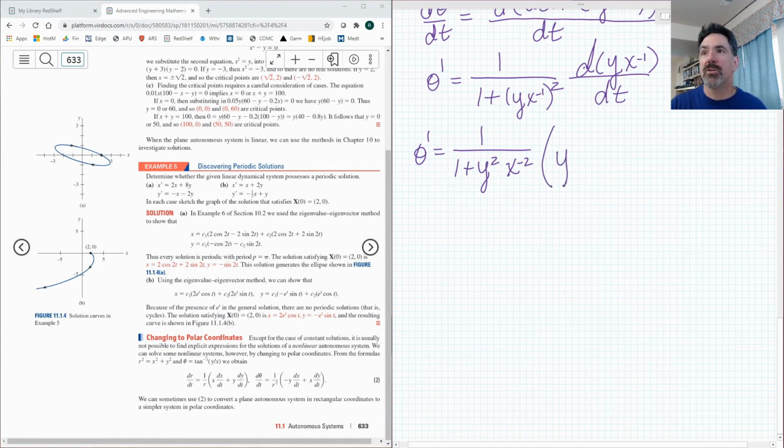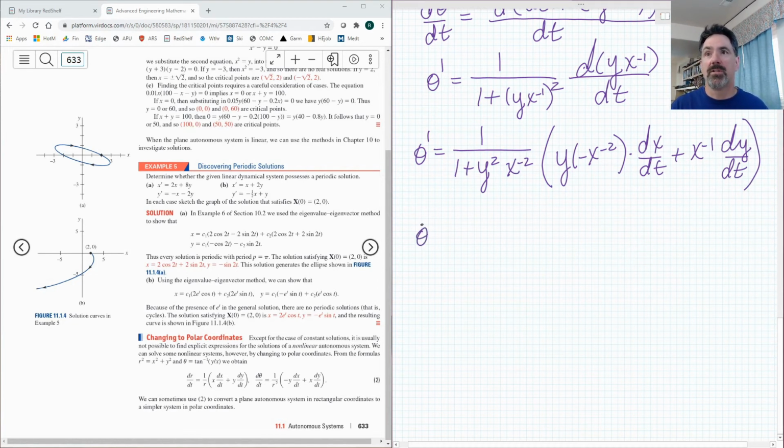So it's going to be first times derivative of the second, which is minus x to the negative 2 power, and then its chain rule, this has a dx dt in it, and then plus the second, which is x inverse times the derivative of the first, which is dy dt. And so using the chain rule appropriately, we come up with this situation here.